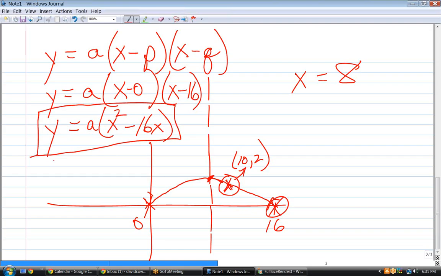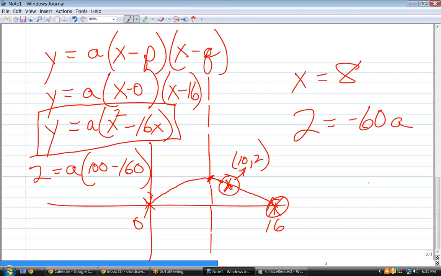The y coordinate is 2. 10 squared is 100, because the x coordinate is 10, minus 160. So 2 equals minus 60a, so a looks to be minus 1/30.